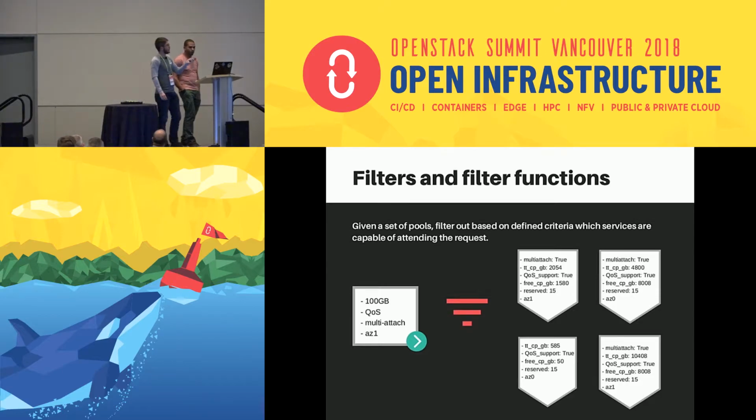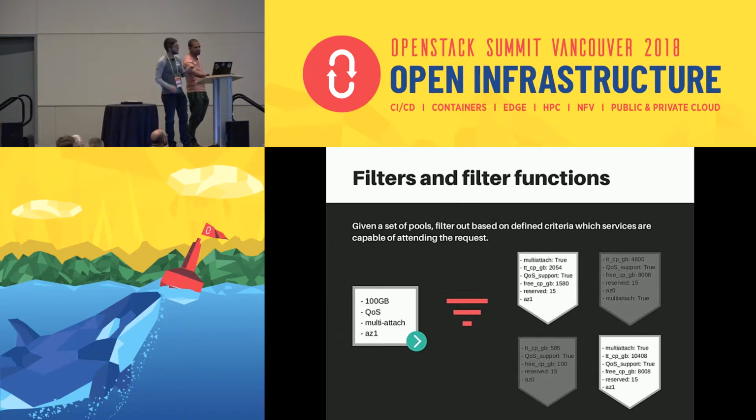Looking at all of our pools, we have 2 pools on AZ0 and 2 pools on AZ1. We have some pools that support multi-attach and one that does not. As we can see, the scheduler will filter out the pools that do not fit this request.